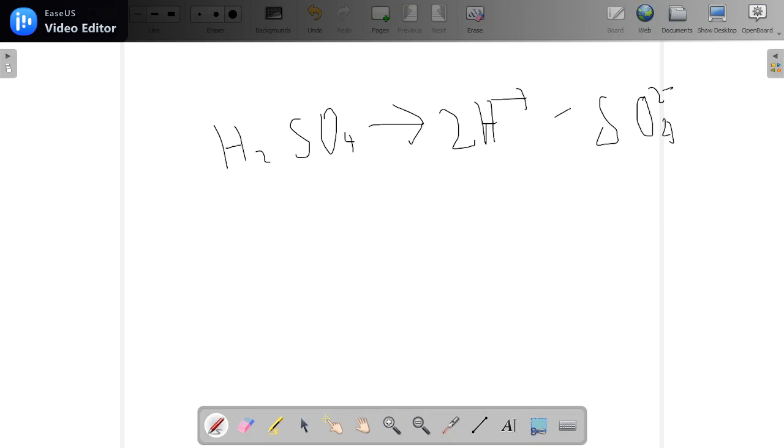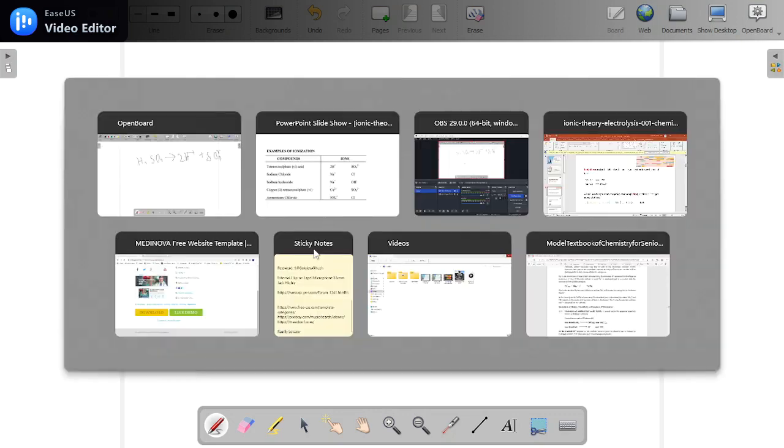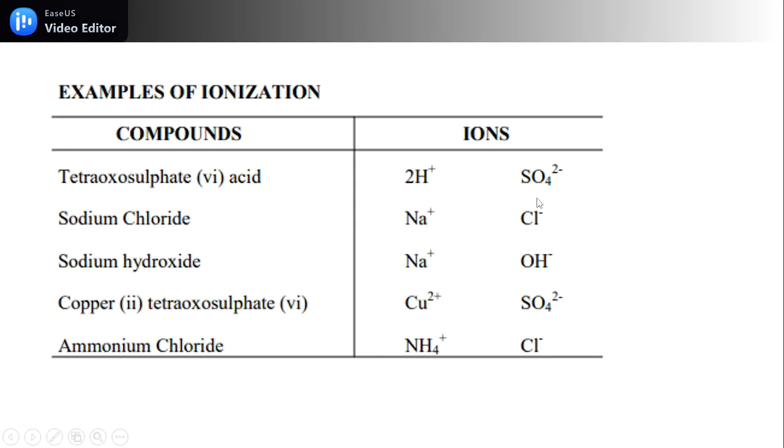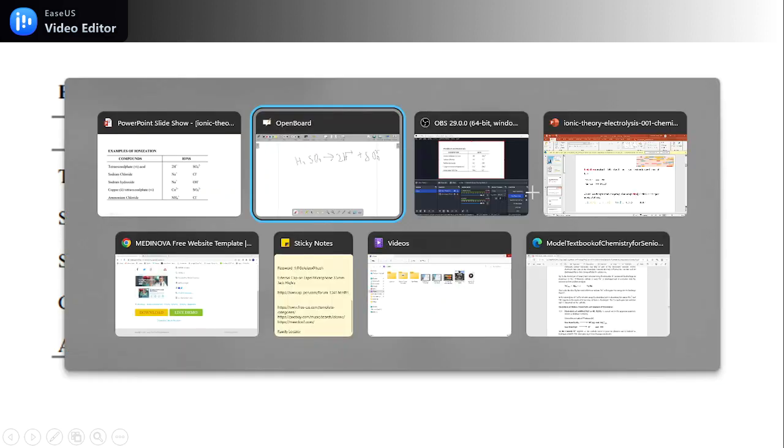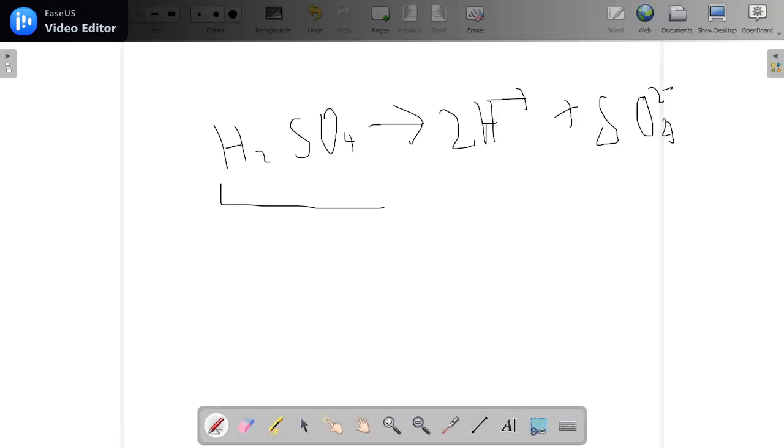Can you see it now? It contains two hydrogen ions and the tetraoxosulfate ion. So this is how this acid decomposes to give this.